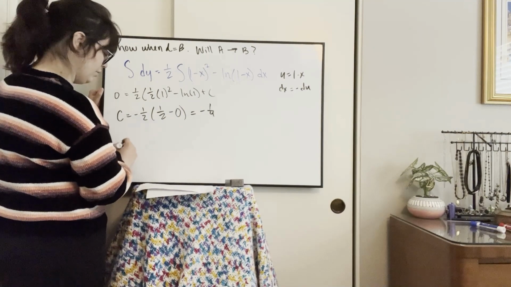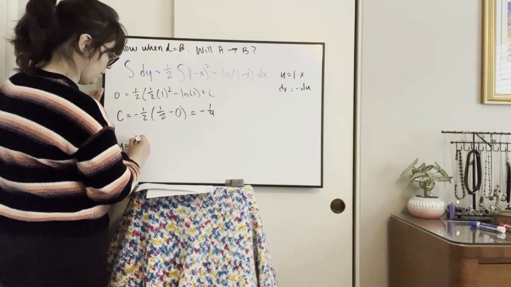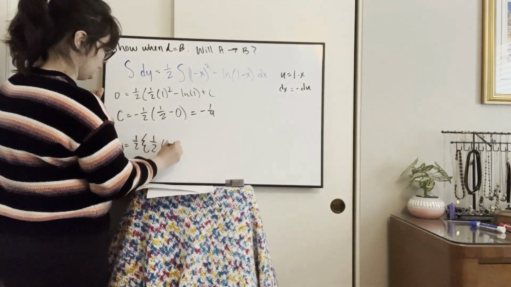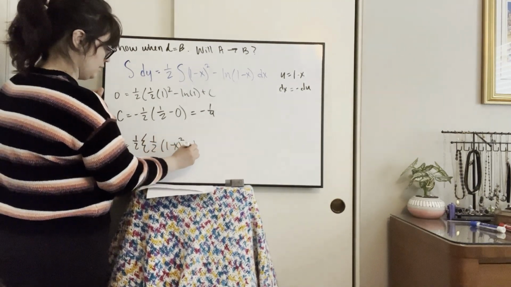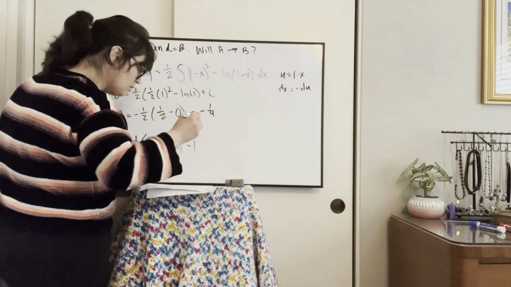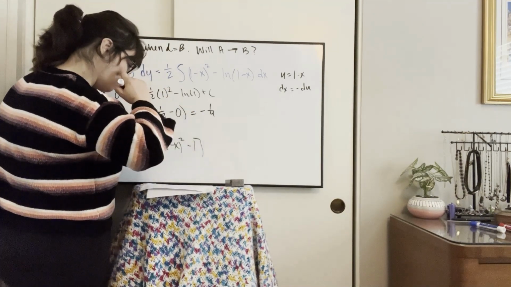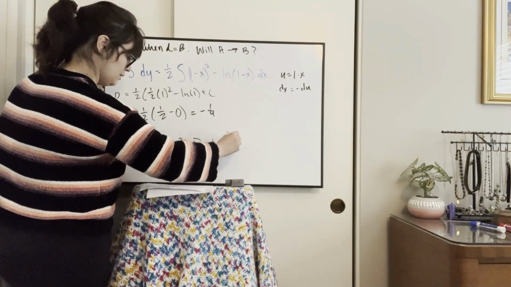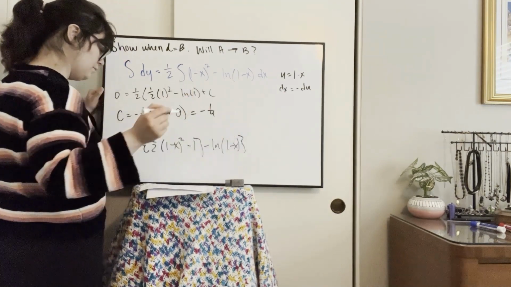We have y equals 1/2 times 1/2 times 1 minus x squared minus 1, minus the natural log of 1 minus x. Perfect. Sweet.